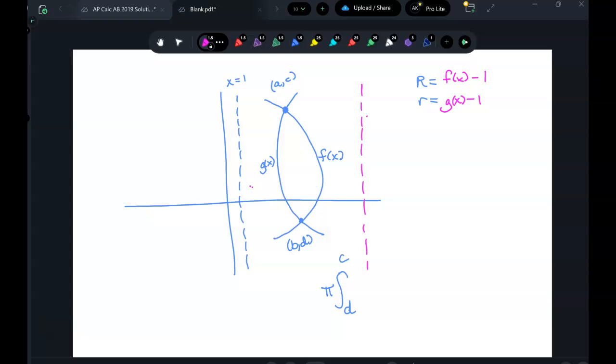It's always right minus left. What's on the right? 7 minus g of x. Little r, 7 minus f of x.